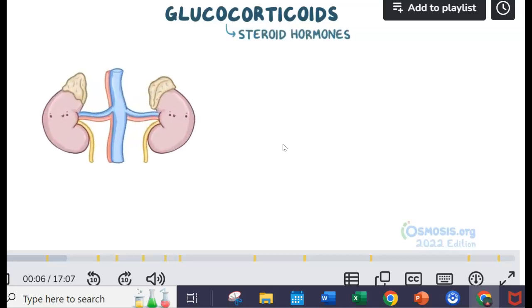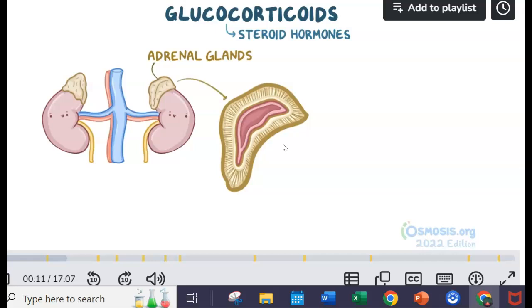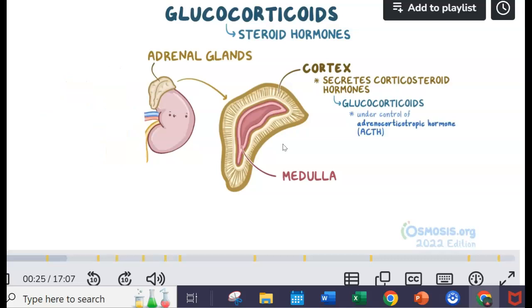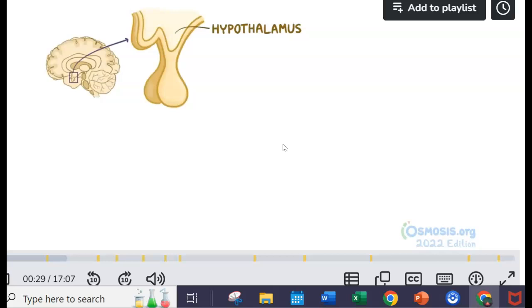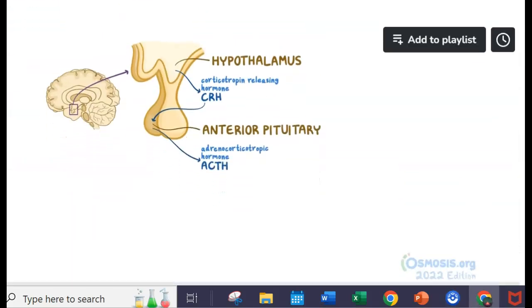Glucocorticoids are a group of steroid hormones, which are secreted by the two adrenal glands that sit like hats, one on top of each kidney. Each one has an inner layer called the medulla and an outer layer called the cortex. The adrenal cortex secretes different corticosteroid hormones, like glucocorticoids, under the control of adrenocorticotropic hormone, or ACTH. Normally, the hypothalamus, located at the base of the brain, releases corticotropin-releasing hormone, which stimulates the anterior pituitary to release ACTH.